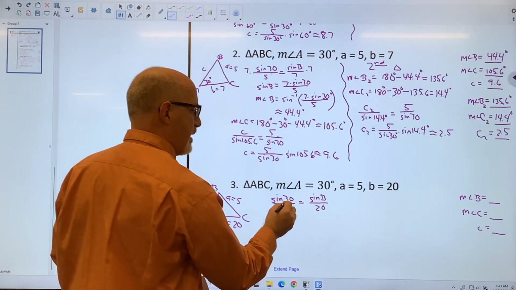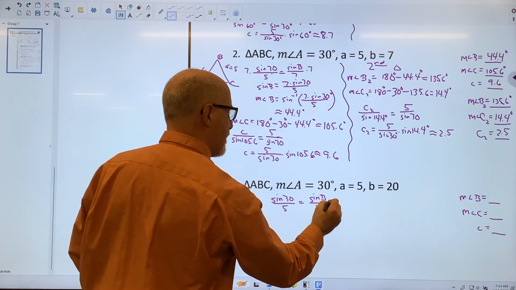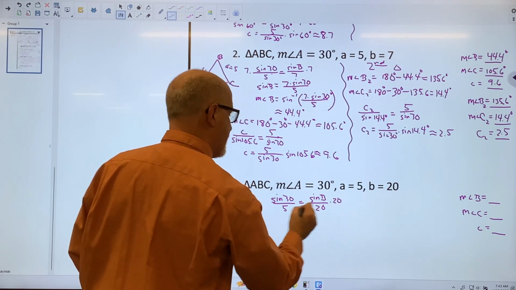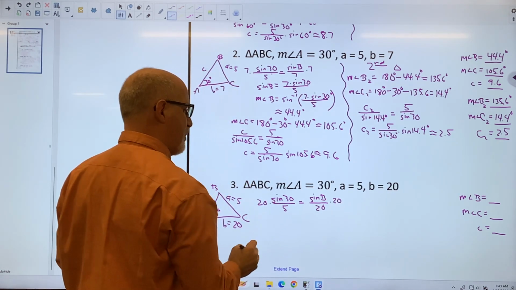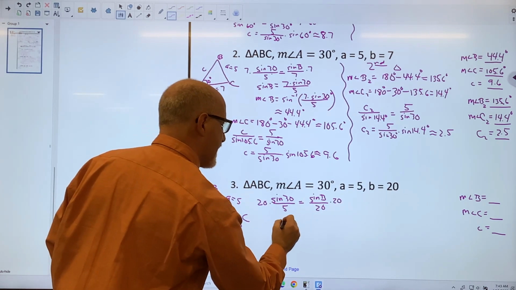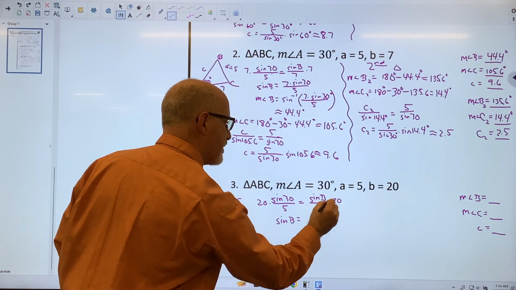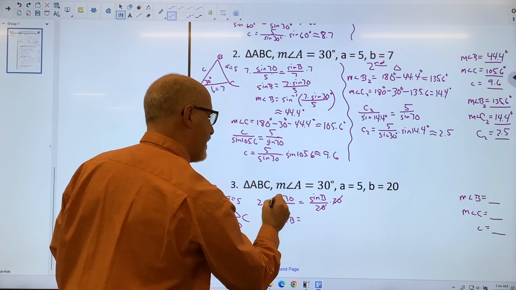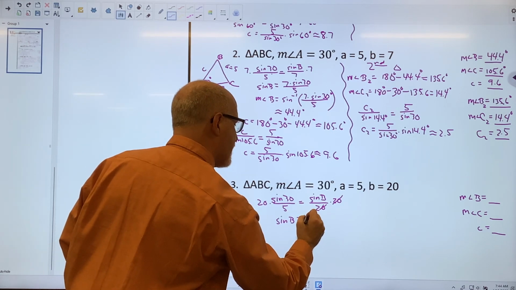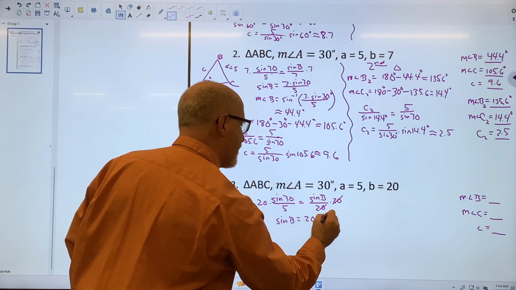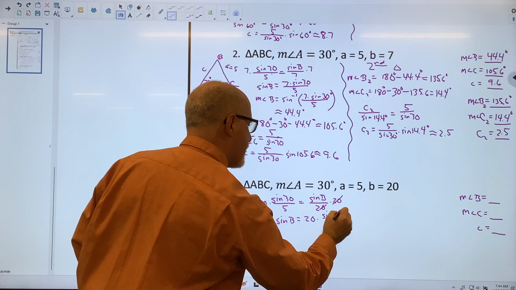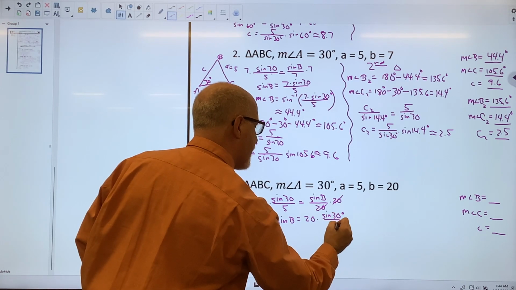Now we're going to multiply by 20 on both sides to get rid of that denominator. So I'm going to have sine of B, because these 20s cancel, equals 20 times sine of 30 degrees over 5.